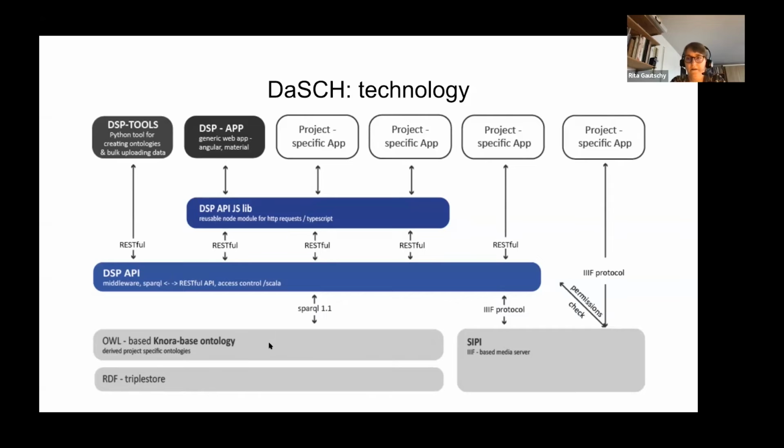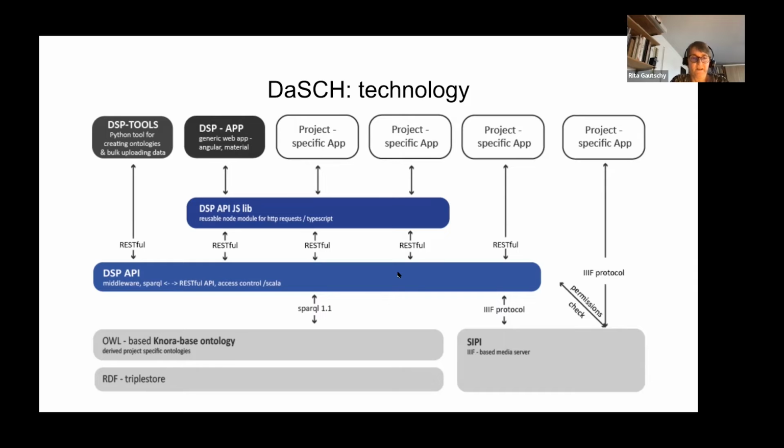Also below here are the base ontologies and the project ontologies. On top of this, we have our middleware, our API, and from there, queries can be sent to the triple store. And we use Gravsearch, that's our own development, but basically a subset of SPARQL.